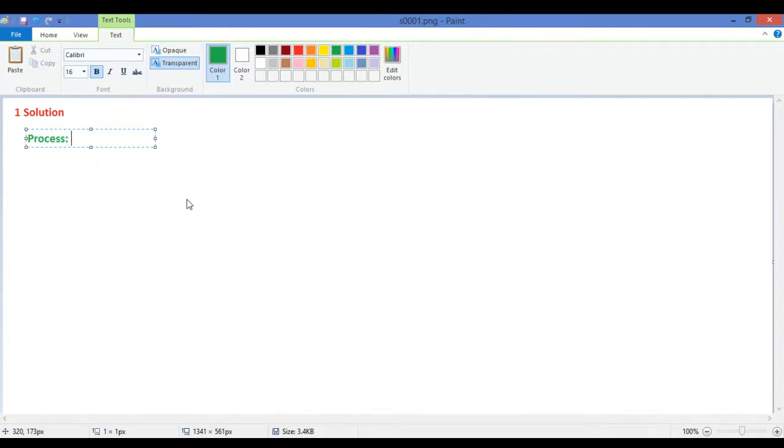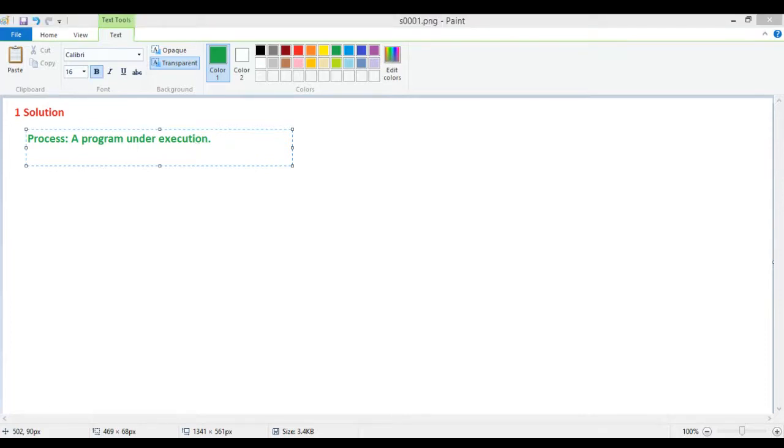A process is nothing but a program under execution. I request all of you to note down this definition and the notes I'm going to give you, and make sure that you are taking notes simultaneously, as it will be very helpful for you.